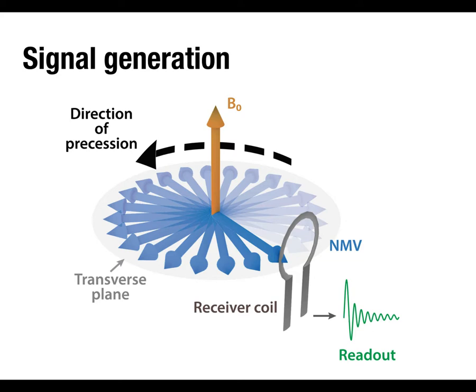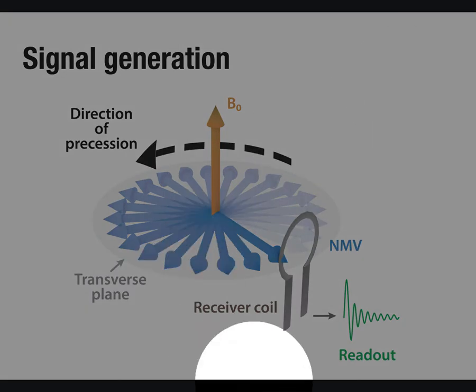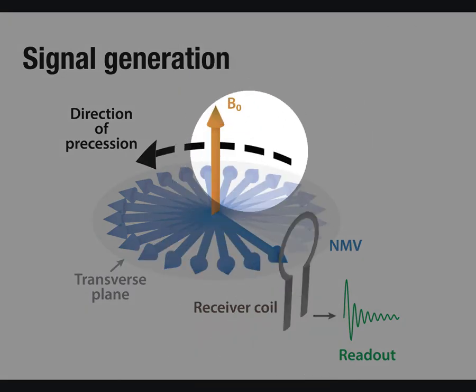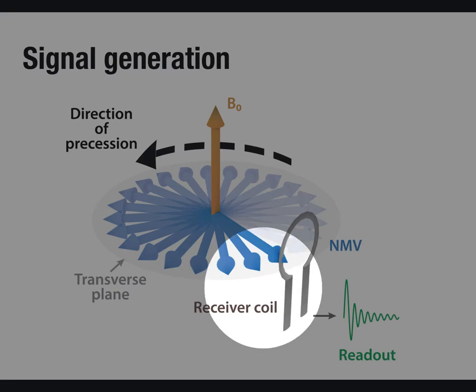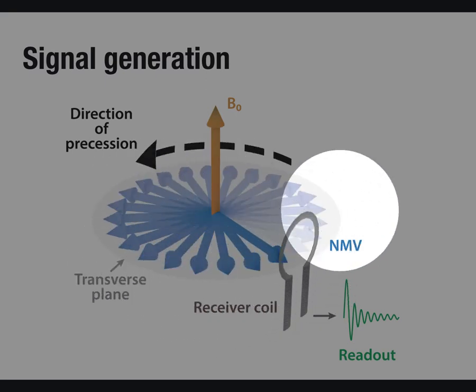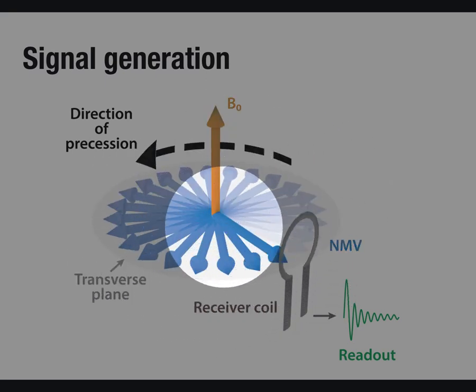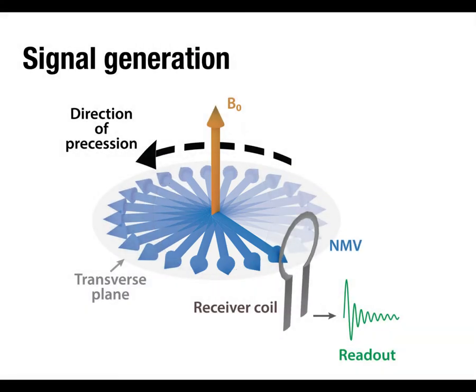The reason we're focused on that is, so this is another slightly different representation. Here again, the orange arrow is B0, so that's the bore of the scanner. And then the transverse plane, there's kind of a gray disk going around it there. The blue is the net magnetization vector, so all the protons in your body. So we've sent in our 90-degree RF pulse, which means we've flipped this net magnetization vector away from alignment with the strong magnetic field into this transverse plane 90 degrees away.